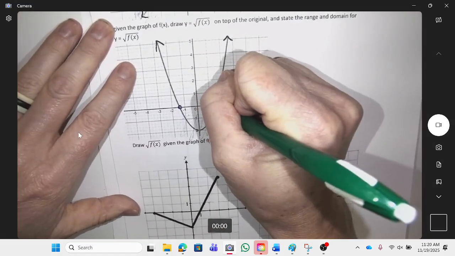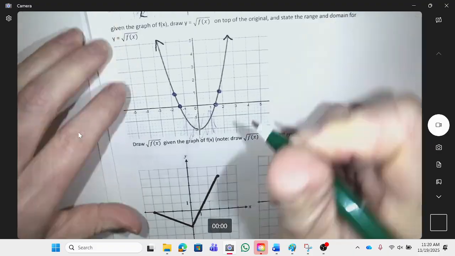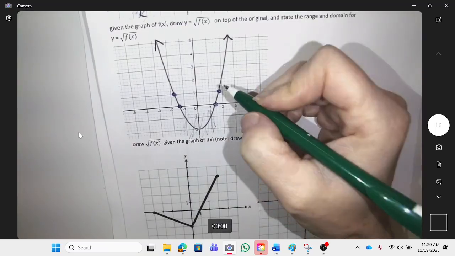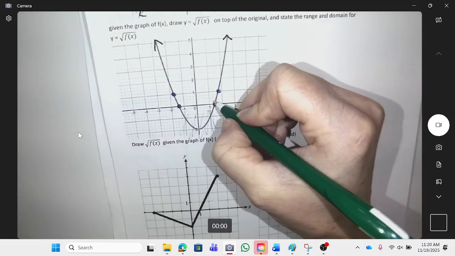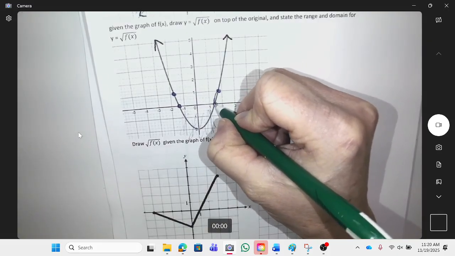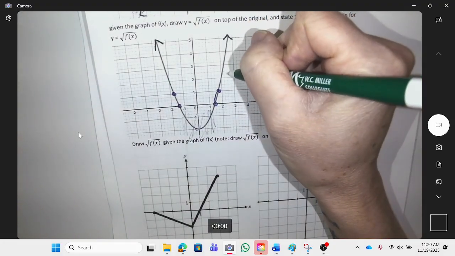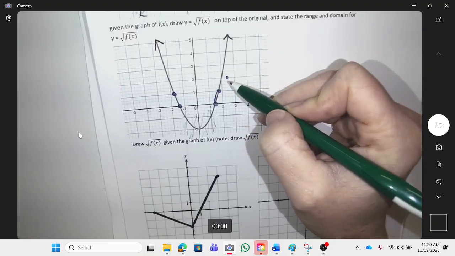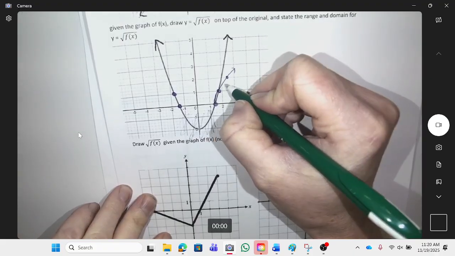Height of 0, height of 1. Okay, heights here are between 0 and 1, so decimal heights, when I square root them, they get larger, so you have to go above it. Okay, and again, I found a height of 4, so I dropped it to a height of 2. So I'm above, and here now I'm below.